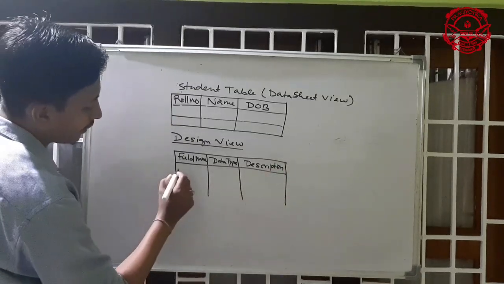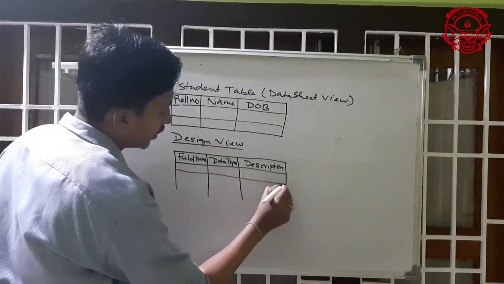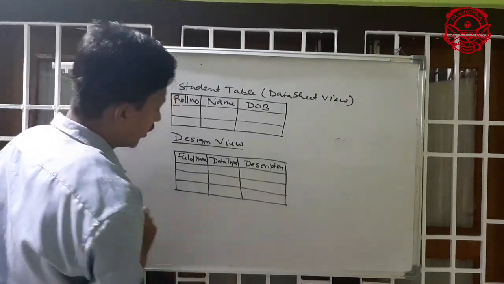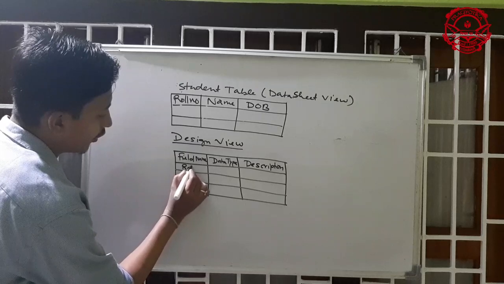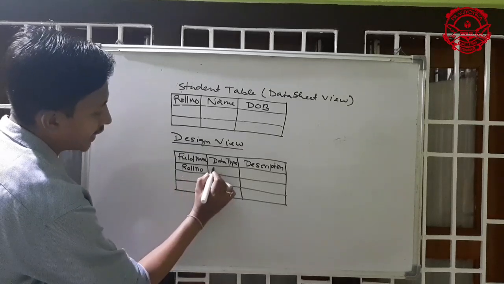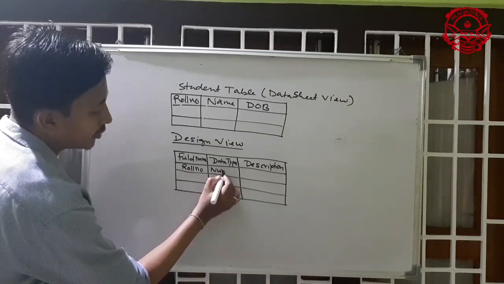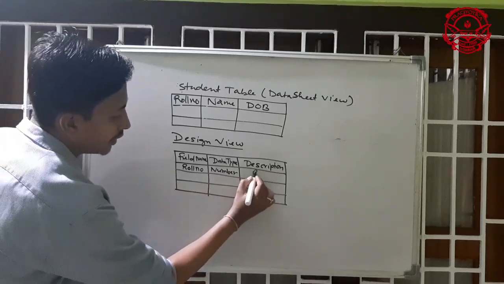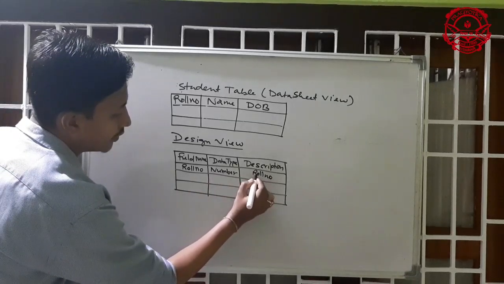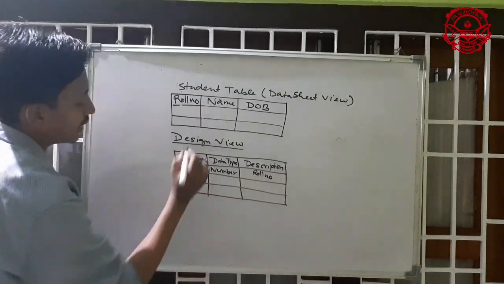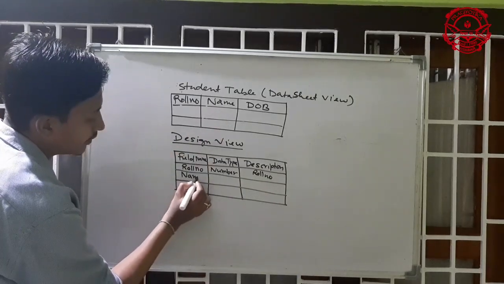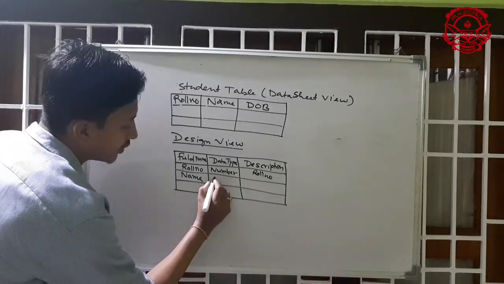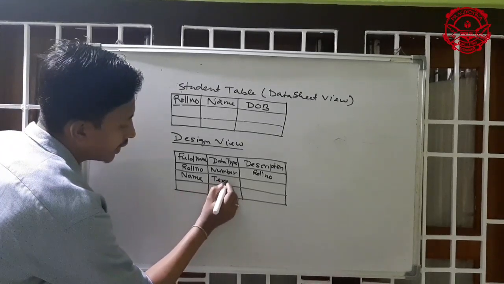Field name roll number, data type, it should be number. Description, roll number. Next field is name, student name. It should be text.